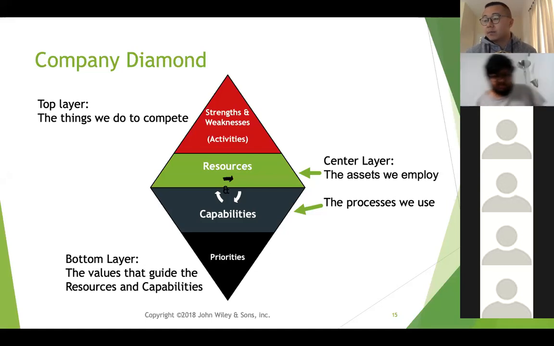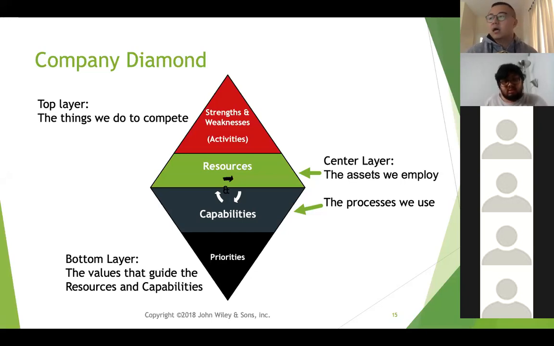So the bottom layer is priority. Priority is what is the first thing you need to pick when you have so many resources.